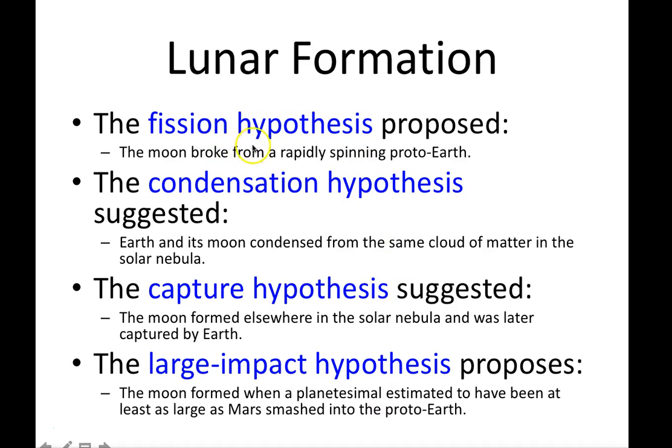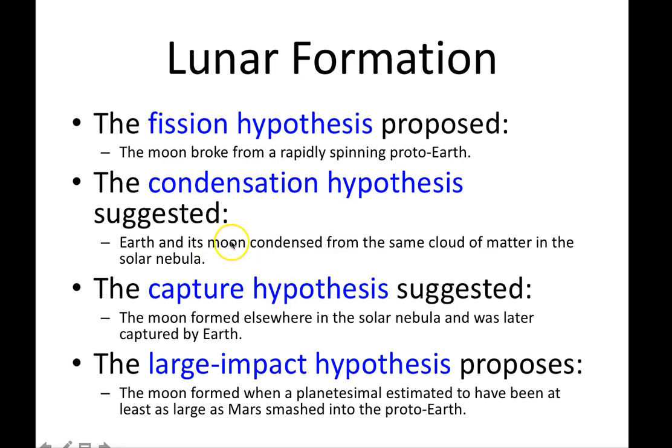So as you can see here, fission is basically the moon broke away from a rapidly spinning Earth. And the idea that gave rise to that, or the evidence if you wanted to say that, is you can fit the moon inside the Pacific Ocean. The ocean is deep, and so people once thought, okay, well, it fits there, so that's where it came from.